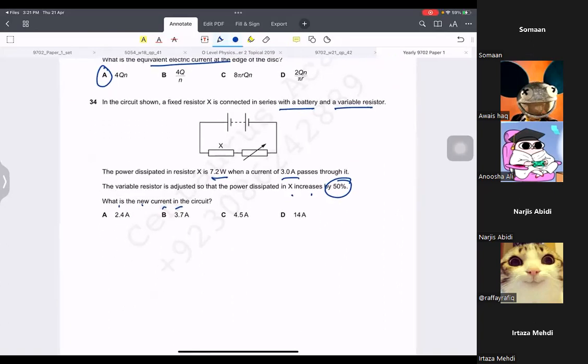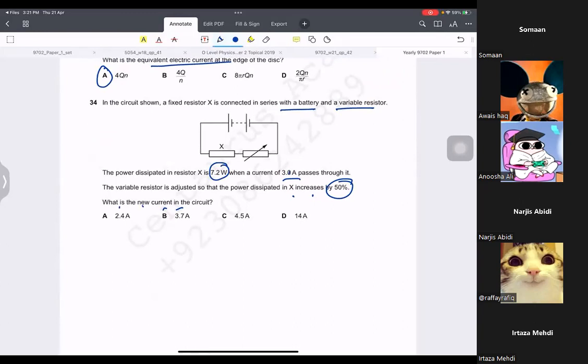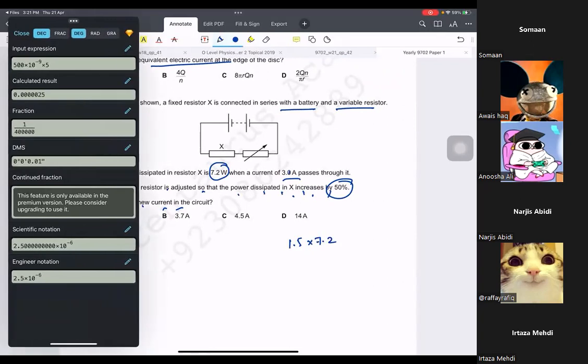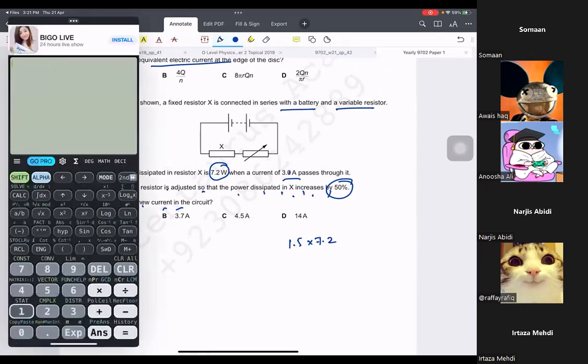What a question, huh? 50% means 1.5 times 7.2. So this is 10.8 watt, the new power.